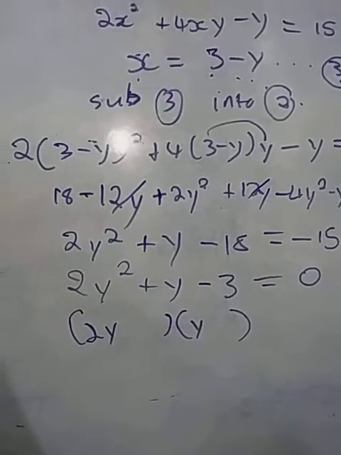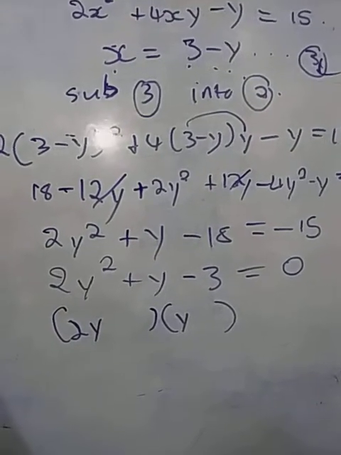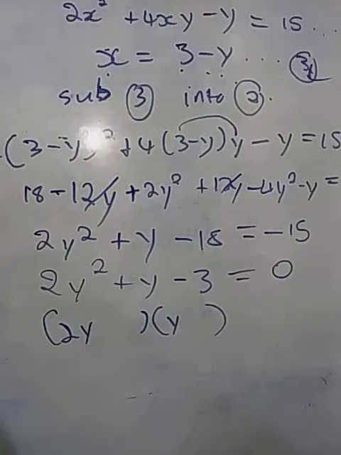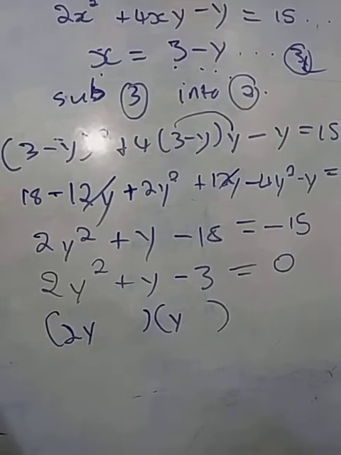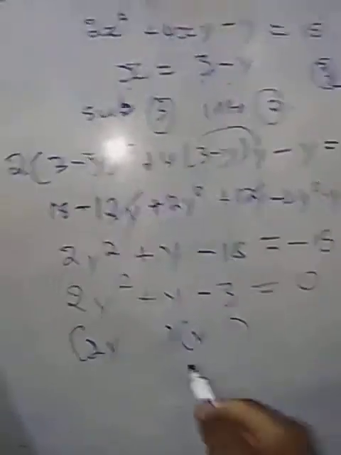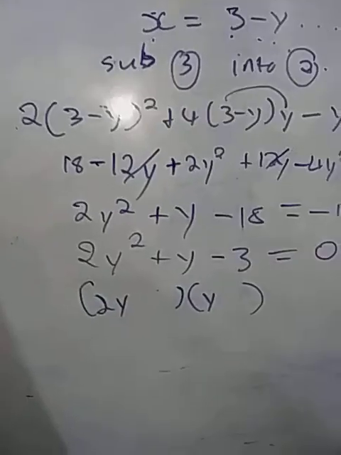I know 1 multiplied by 3 is going to give me 3, but 2y multiplied by 3 is going to give me 6y. Let me try to repeat what I'm saying here.